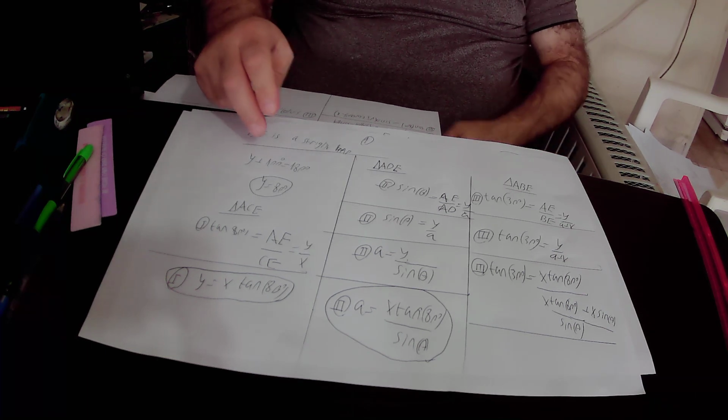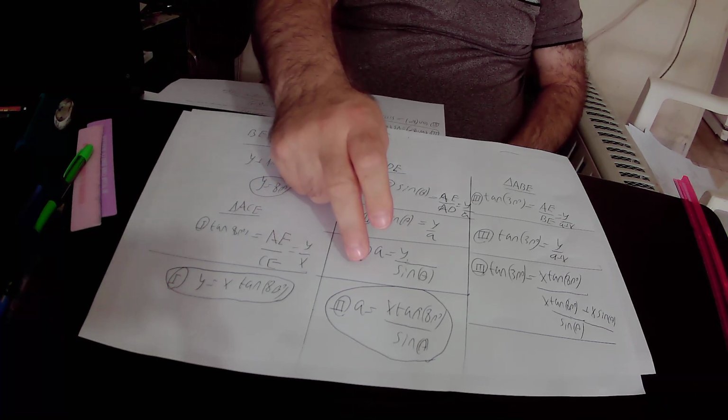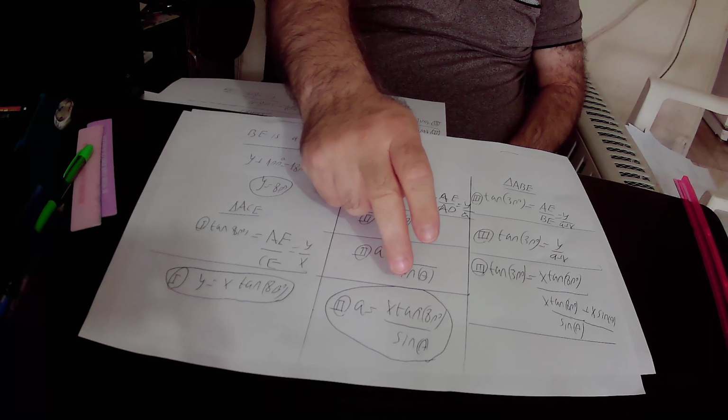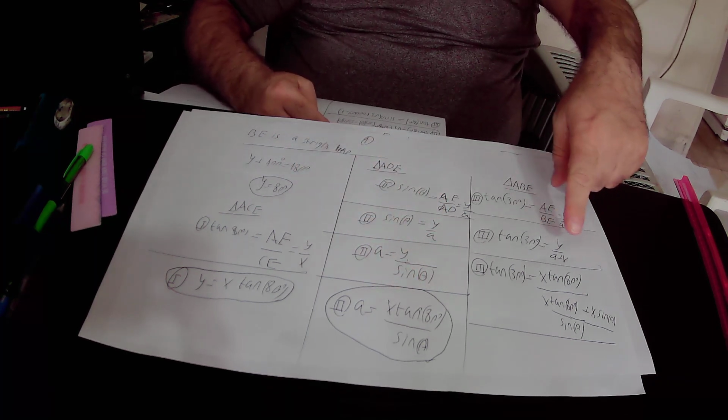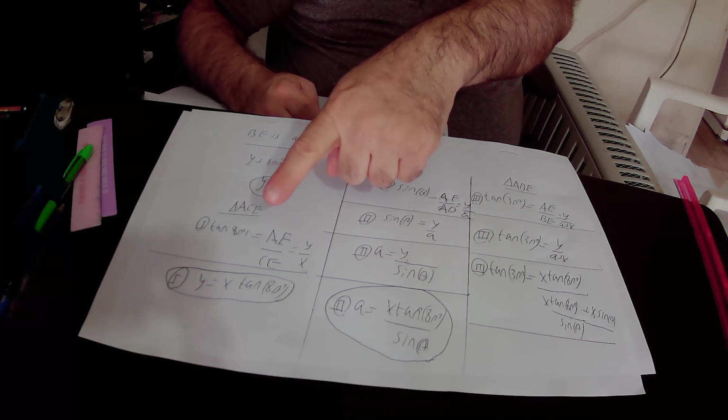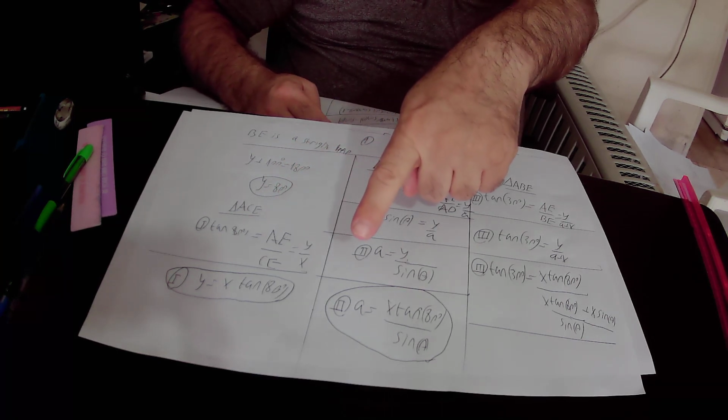Y equals X tangent 80 degrees, and A equals X tangent 80 degrees over sine theta. So we can substitute A and Y by the values that we found in equation number 1 and equation number 2.